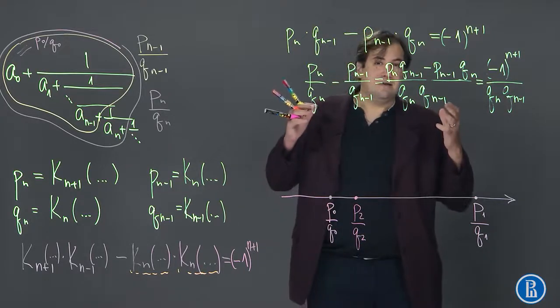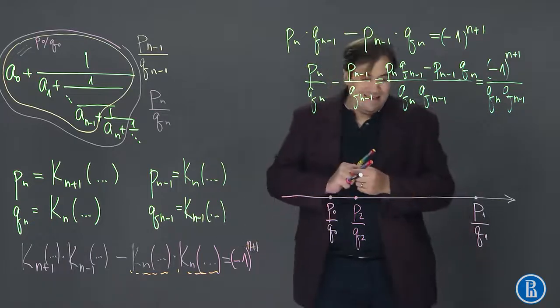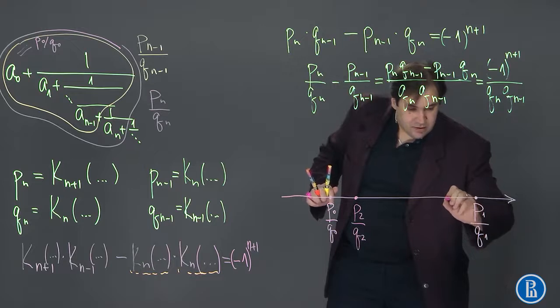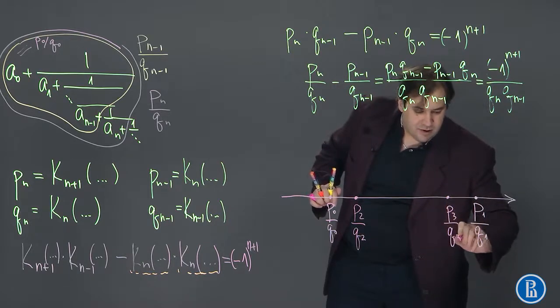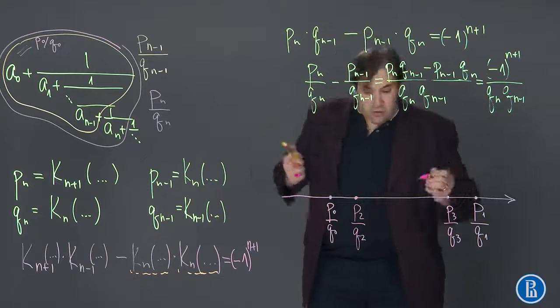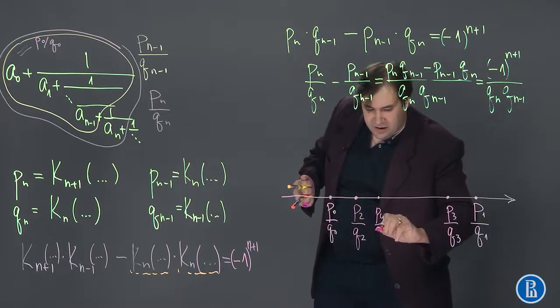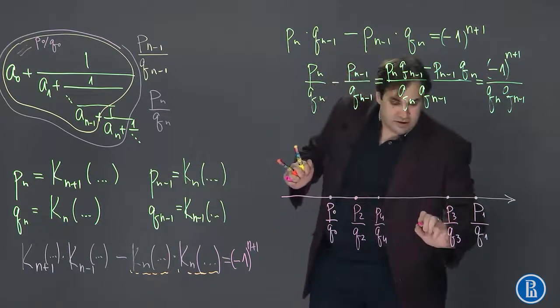Using similar deduction, we can conclude that P3 over Q3 is somewhere over here, and P4 over Q4 is somewhere over here. So these, and so on, of course.